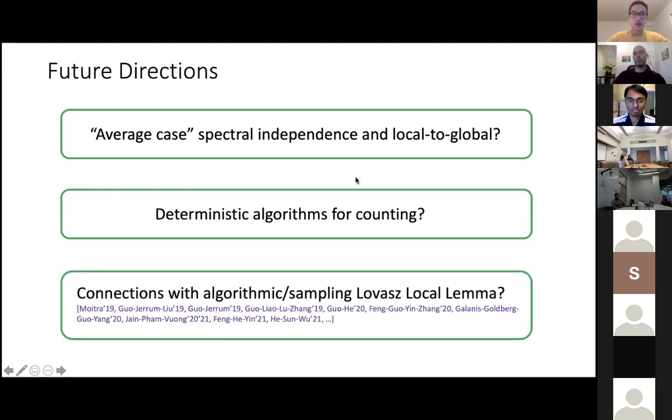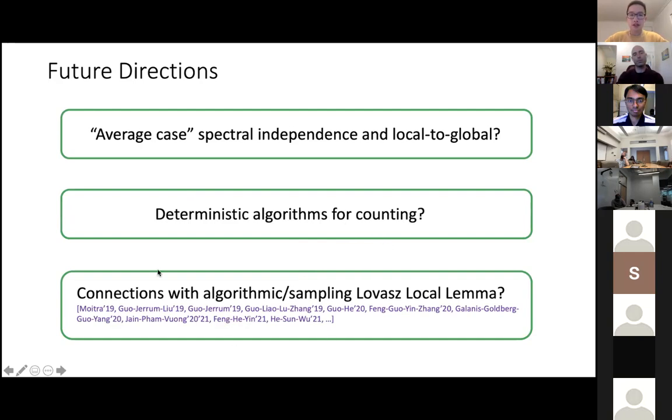Some other questions include: is there an average-case spectral independence, where you don't need spectral independence for every conditional distribution, but maybe for most conditional distributions? Does this technology have any implications for deterministic algorithms for counting?